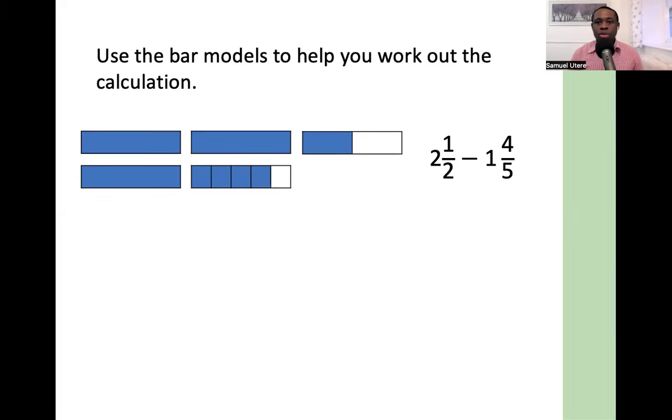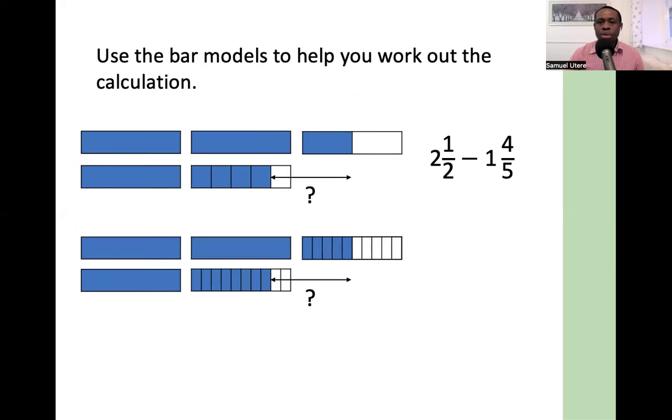What about if we want to do subtraction? Now, there are different ways of thinking about this. When we do our subtraction, 2 minus 1 is a whole. Okay? So 2 minus 1 is a whole.